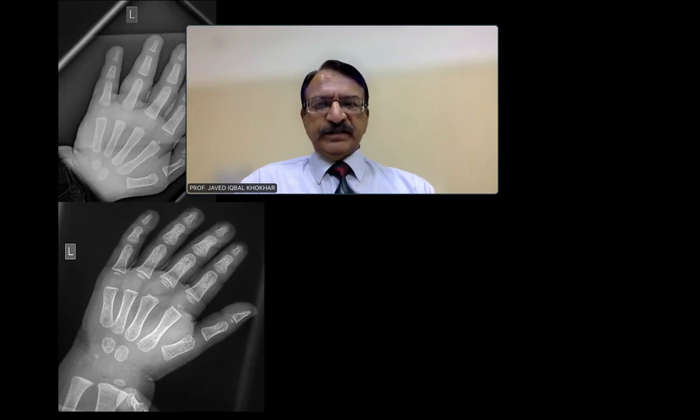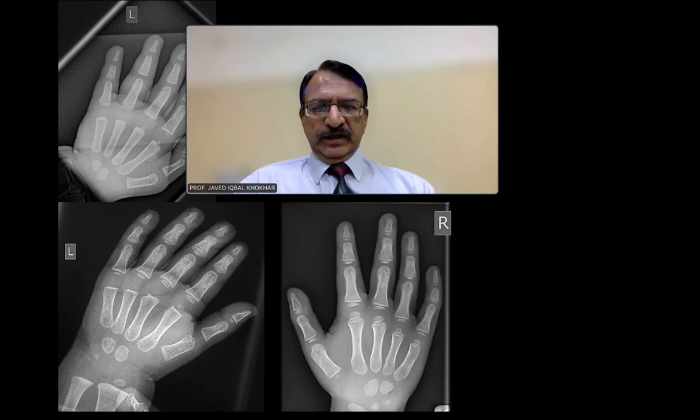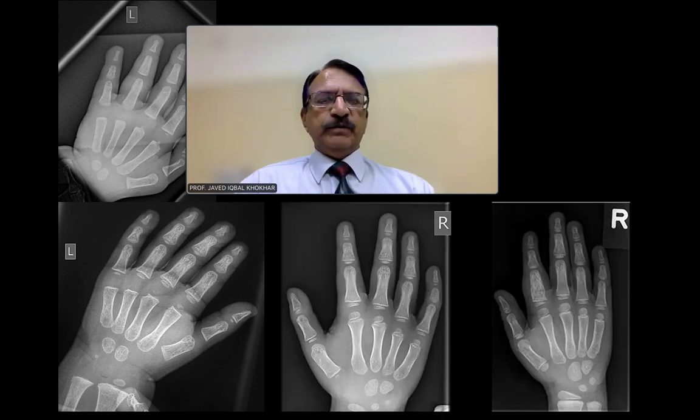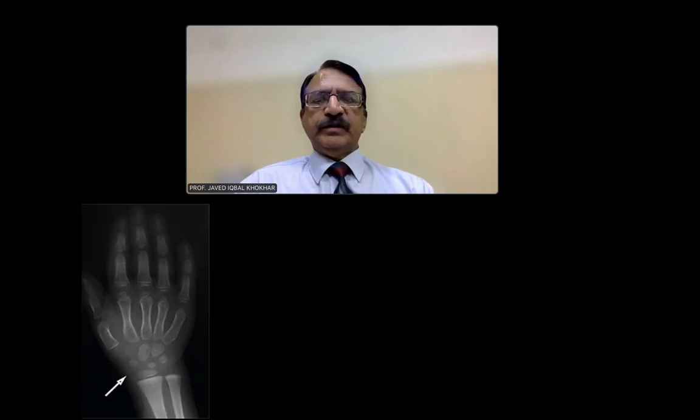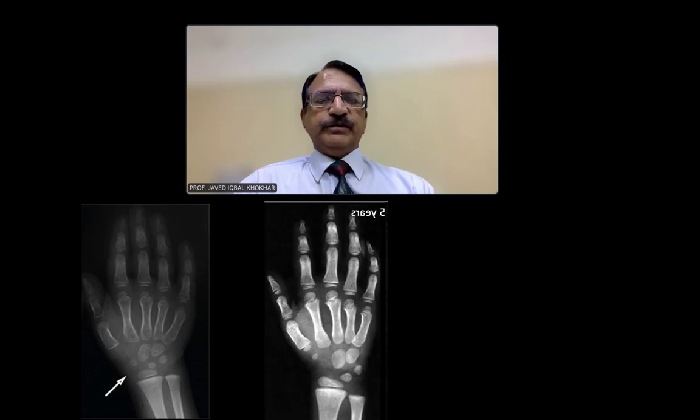These are various X-rays showing the number of carpal bones. This lower one is showing two bones and one small dot, and this is also showing two carpal bones, and this on the rightmost is showing four carpal bones. And this one is showing 5 carpal bones.